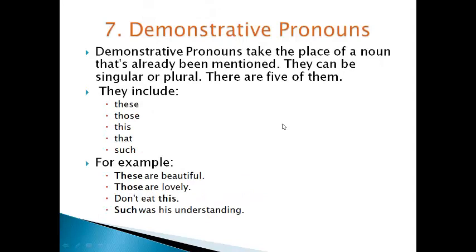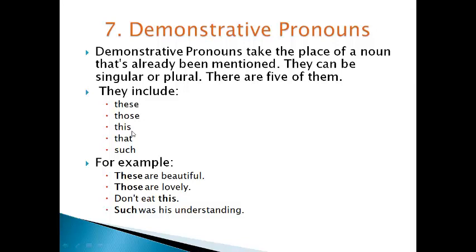Next one, demonstrative pronouns. They demonstrate an object or a subject or any particular thing. These demonstrative pronouns can be singular or plural. What are the demonstrative pronouns? These, those, this, that, such. When we are talking about near objects in the plural, we say these.